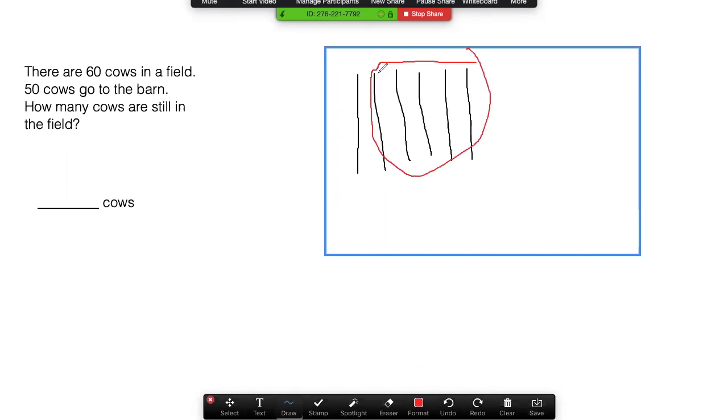And we'll cross it out. That leaves us with just one group of 10. And we know that one group of 10 equals 10. So that leaves us with 10 cows that are still in the field.